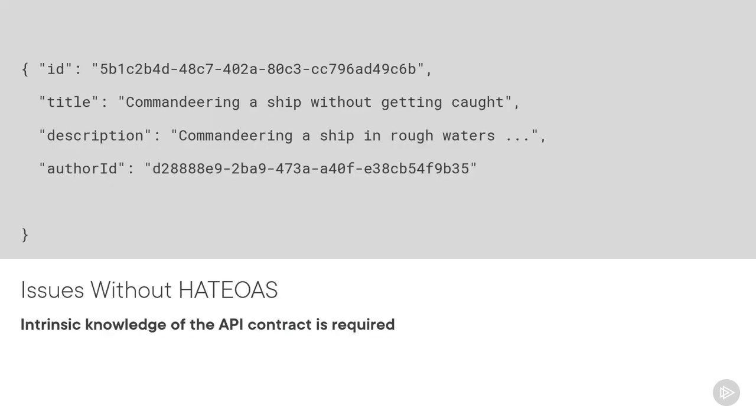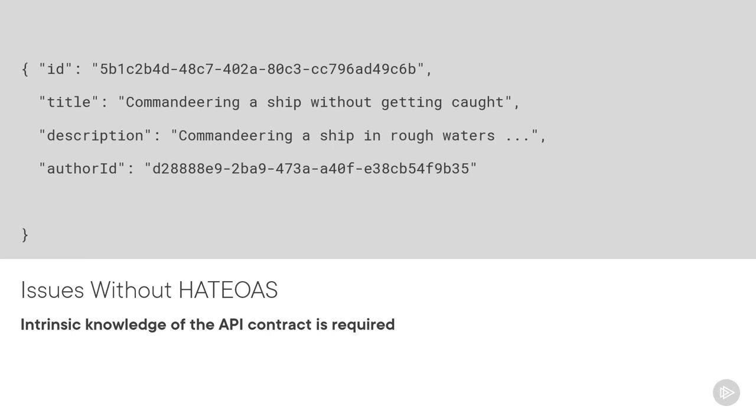Imagine we want to allow the consumer of the API to update or delete a course. Currently, it doesn't know how to do that by looking at the response, which you see on screen here. It has to have some intrinsic knowledge of how our API contract is structured.